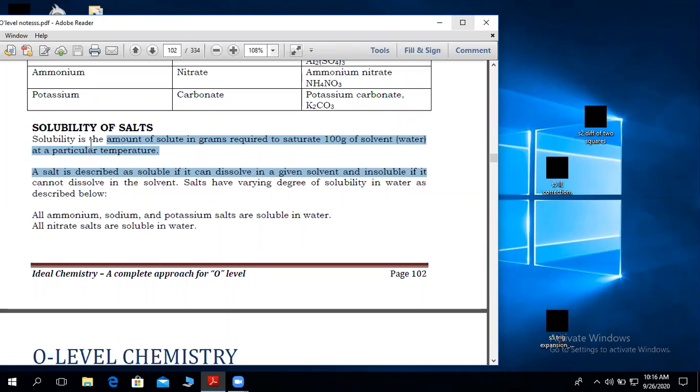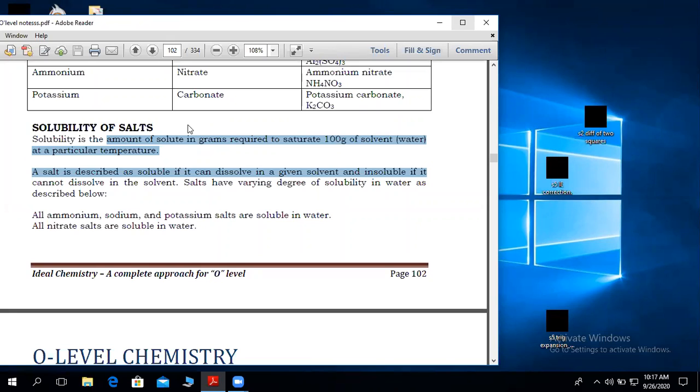So solubility of a salt is the amount of solute in grams required to saturate 100 grams of water at a particular temperature. Please, this time I don't want anyone failing the test. You have today, you have tomorrow. The test is only on salts, from salts up to where we stopped, up to preparation.